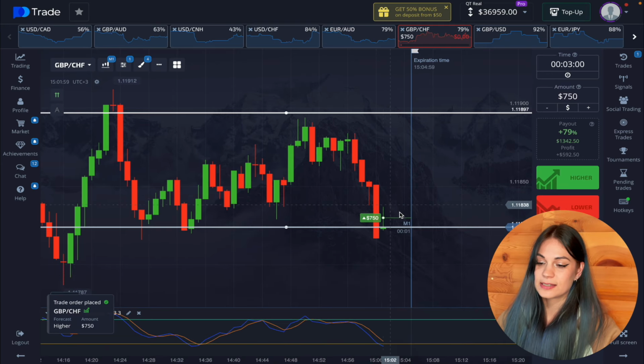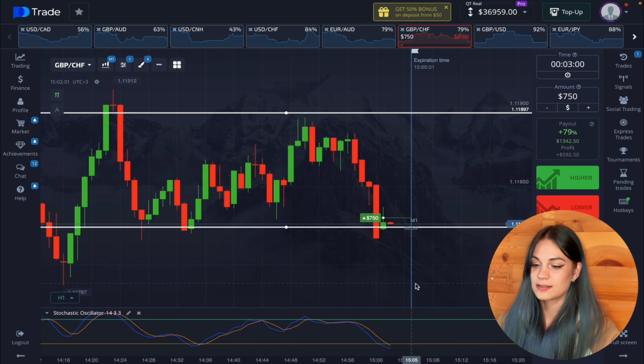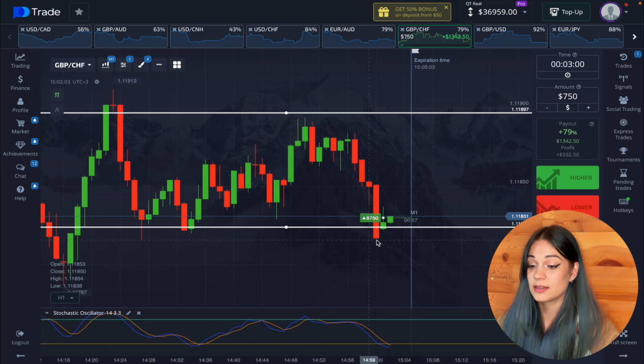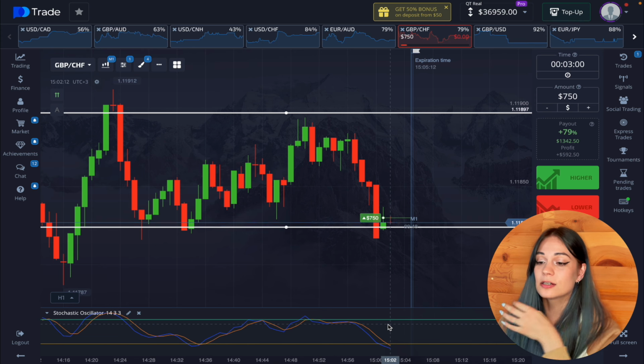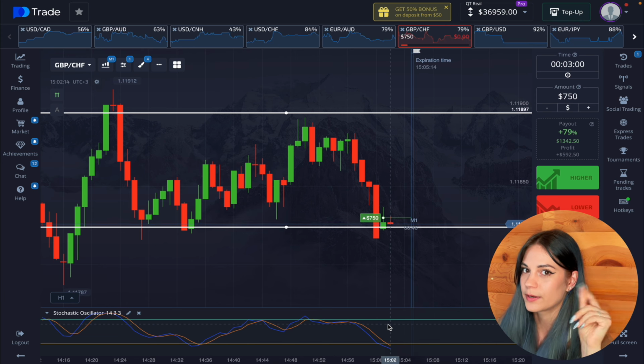Okie dokie, so we are opening the second deal right here because you can see the support line right there, and of course the stochastic is going to the oversold area. So we're opening the deal here, and of course waiting for the price to go up.